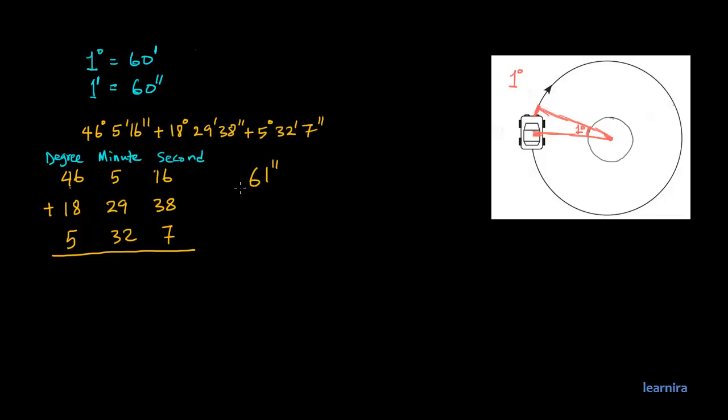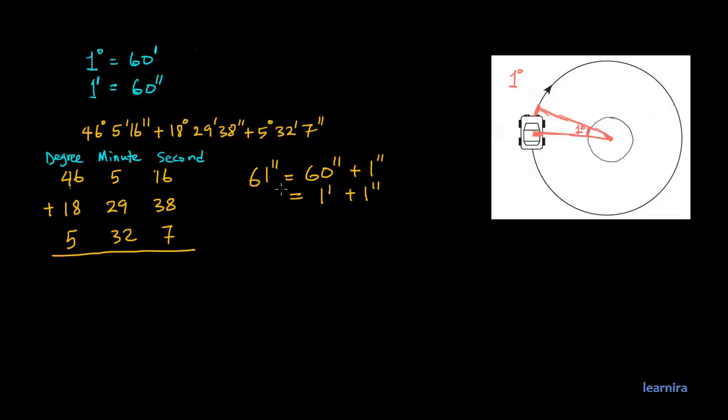From 61 seconds we can have 60 seconds and 1 second. But we know that 60 seconds is equal to 1 minute. So this can be 1 minute plus 1 second. That's 61 seconds is equal to 1 minute plus 1 second, still the same thing.